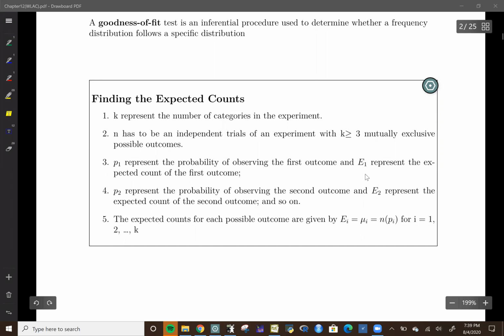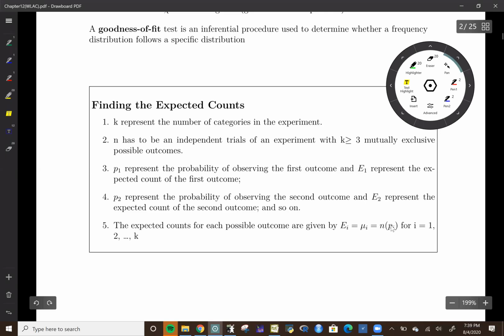E1 and E2 are our expected values. To get the expected value, you do N times P1. Say for my example we get 30 days of rain, so N equals 30.